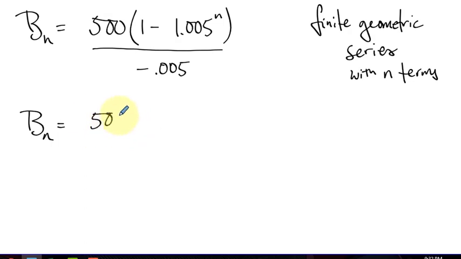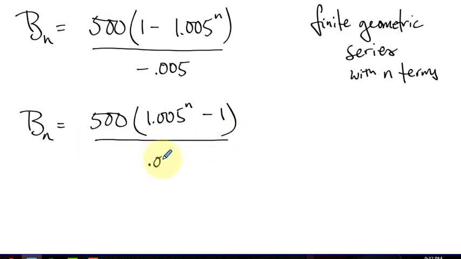This could be written as 500. I'm going to just multiply top and bottom by a negative, switch the order of the terms. This is 1.005 to the nth power minus 1 over 0.005. So, of course, this will do. This is the same thing.